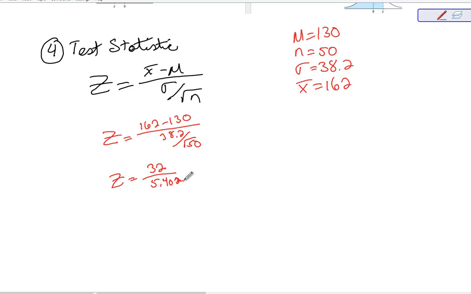And if I take 32 divided by 5.402, I get that the z is 5.92. Remember that we are rounding to 2 decimal places because it is a z value.